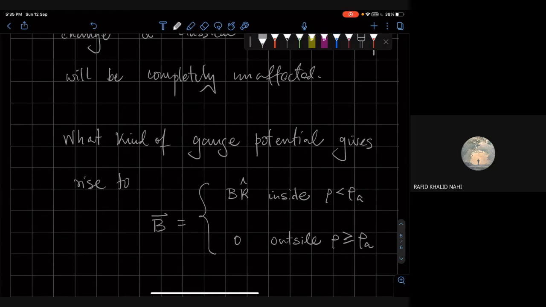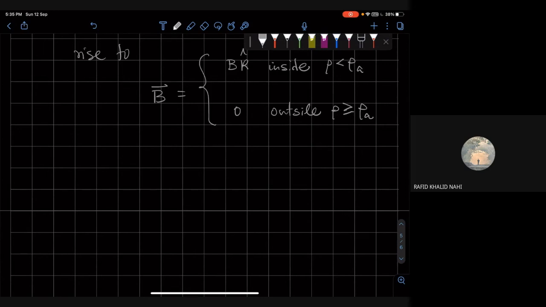We have to find out what the potential is.